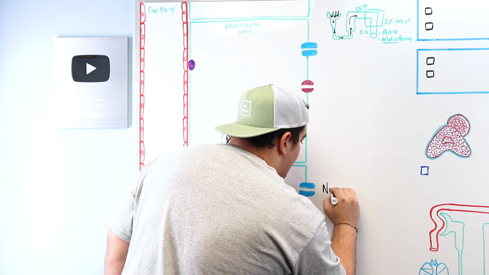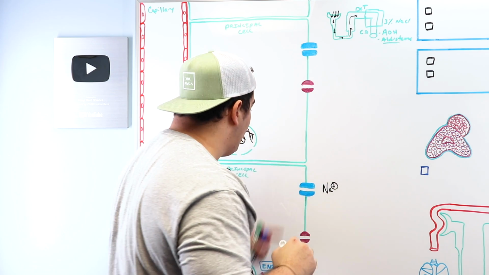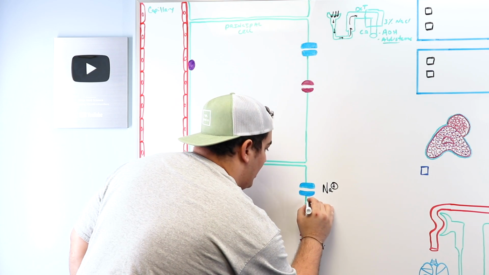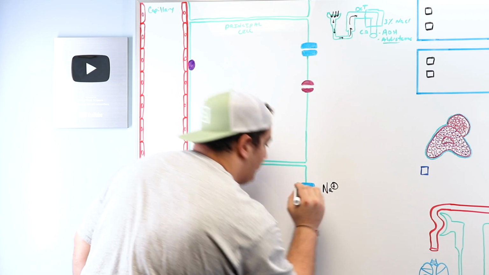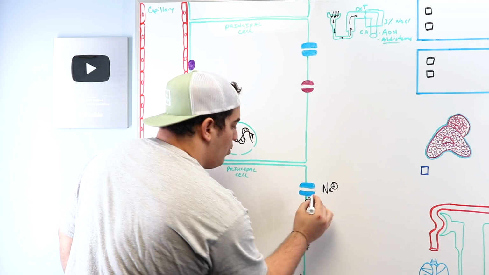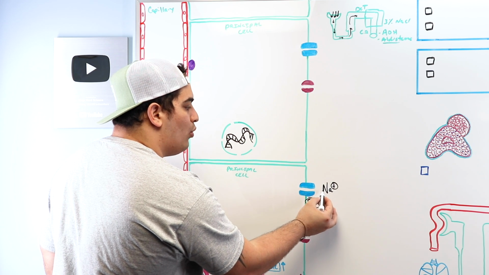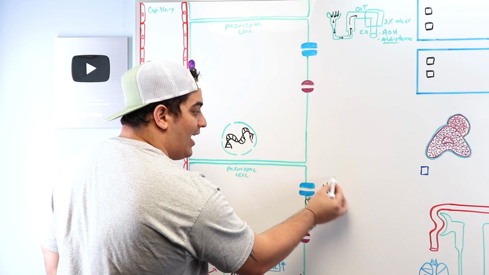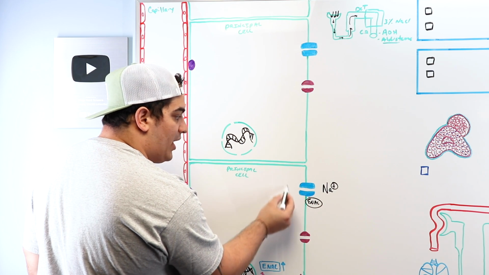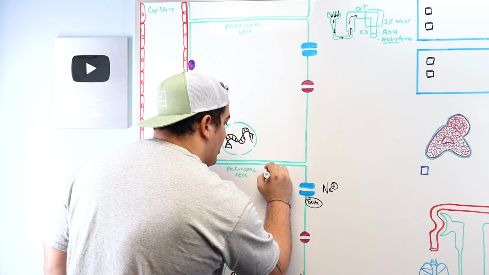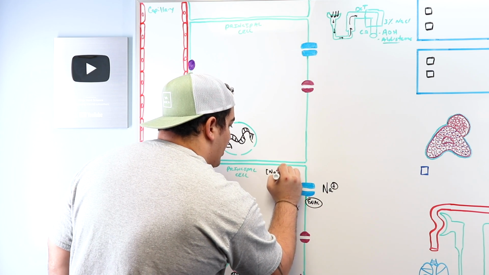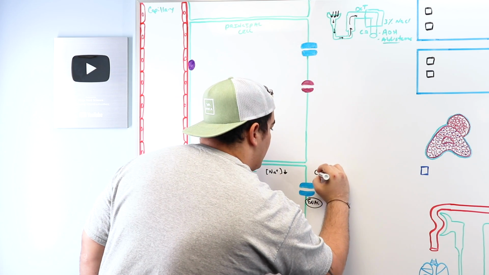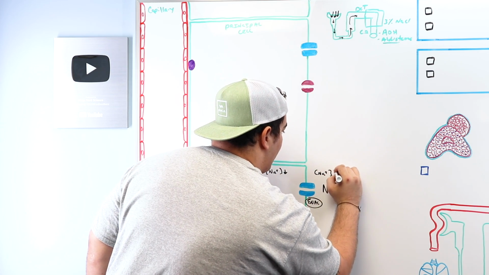The sodium ions see this epithelial sodium channel, and they can now move from areas of high concentration outside of this cell into the cell, because the sodium concentration in here is low and out here it is high.